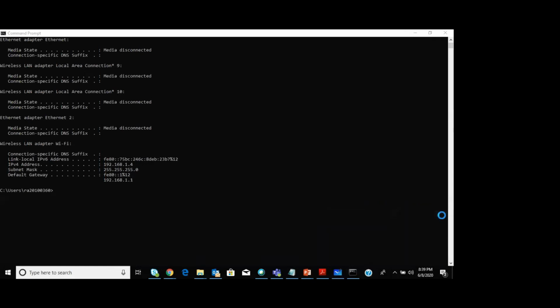The 192.1... IPv4 is, yeah. I'm using my laptop, so my laptop IP is 1.4, correct? Okay, what is next? Subnet mask. The subnet mask, yeah.